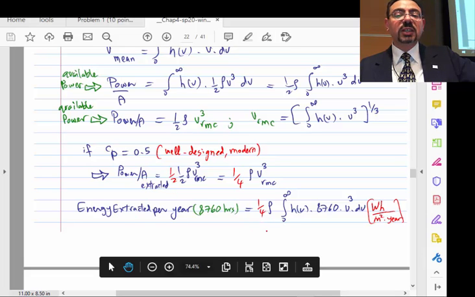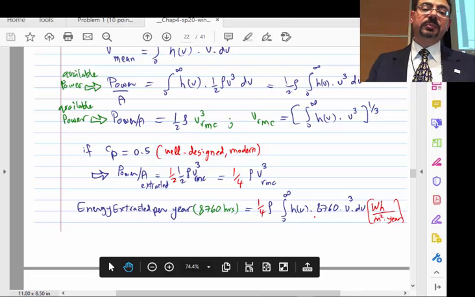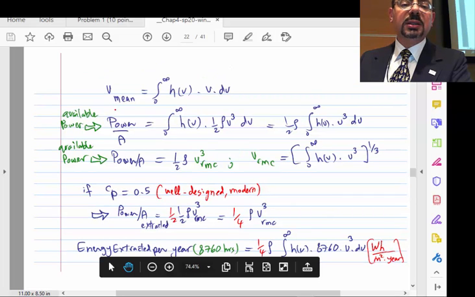So to come up with the energy extracted, he's still trying to multiply the hours times the power available, but he's doing it by integration. This is the energy available, by the way. So let's look at this.